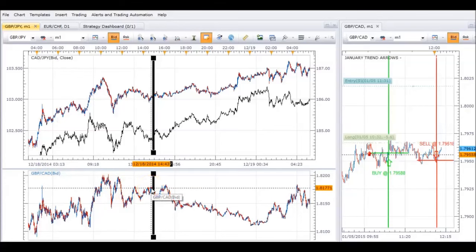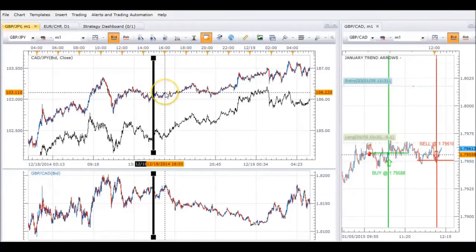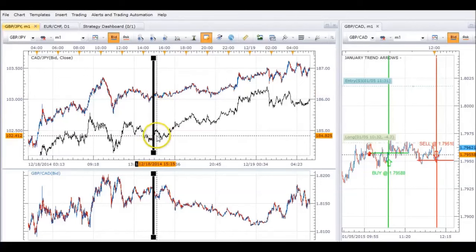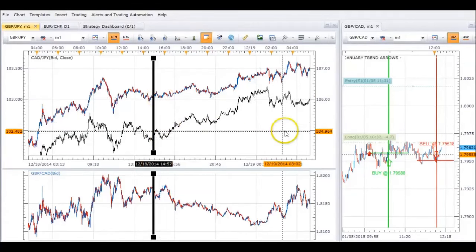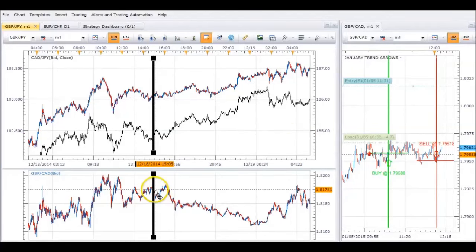Now, how long do I want to hold it? Well, that depends on each person. But I know that there's a high likelihood that these two currencies are going to move back together. And when they do is when I'm going to realize the greatest profit. So if I sold it here at, let me pull up my notebook.